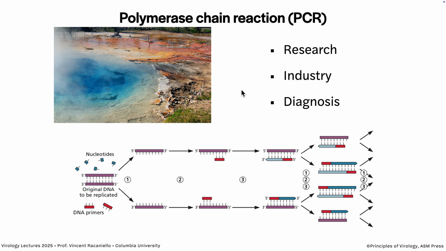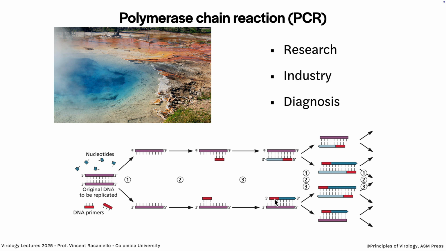And so that DNA polymerase was the foundation of PCR, because in PCR, you take a piece of DNA, and you want to amplify it because there's not enough there to see without amplifying it. So you start by denaturing the two strands at 100 degrees centigrade, basically. And then you add DNA primers, and then the DNA polymerase will extend those primers.